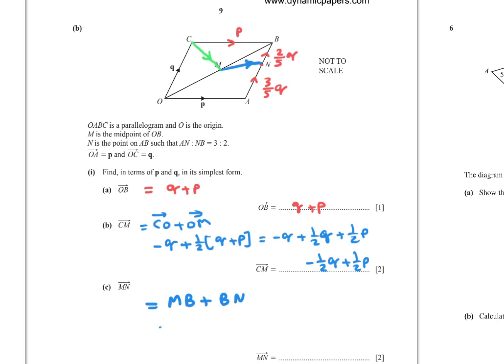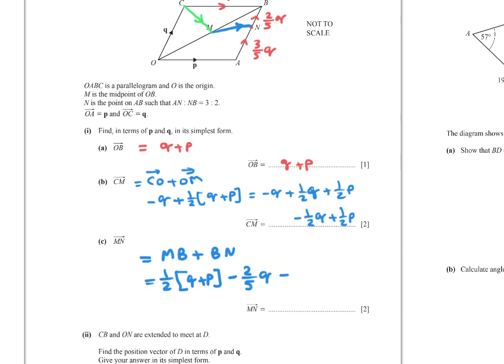So MB equals half OB, so half of Q plus B. Now BN: we have NB is 2 over 5 Q. So BN is negative, because of opposite direction, negative 2 over 5 Q. Now simplify.